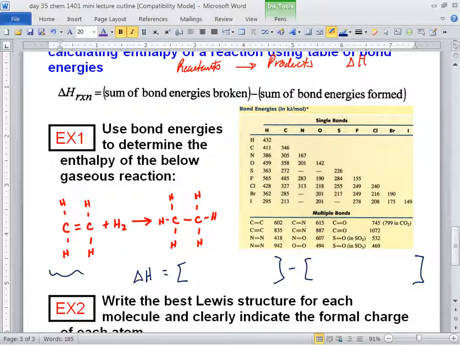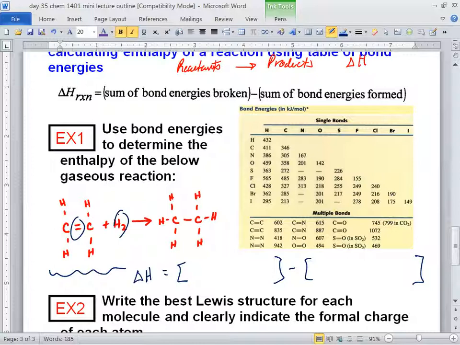Because I want to break them. That C double bond C. I definitely got to break this. What else do I got to break? Anything else? Or am I done? That H2. Yeah, there's really an H-H there. Okay. Do you see any other bonds that I got to break?